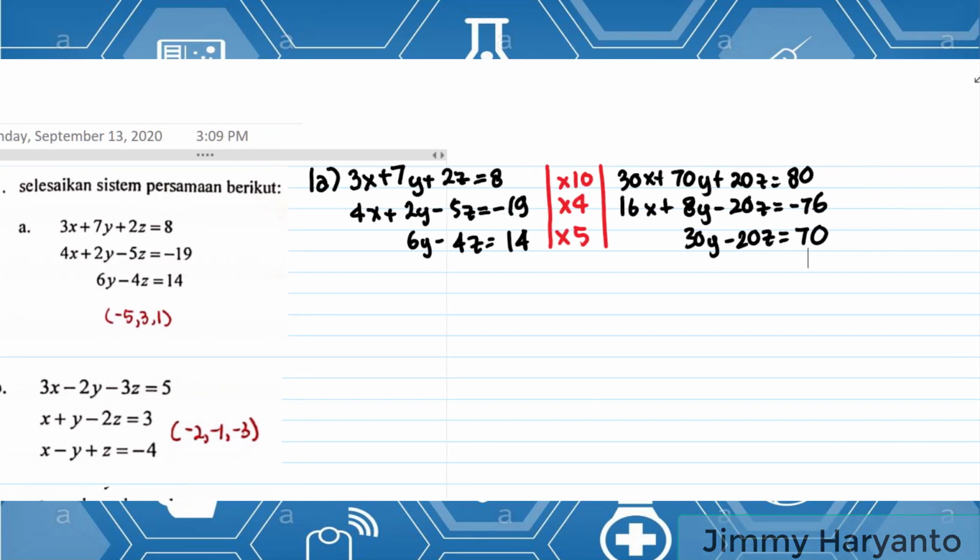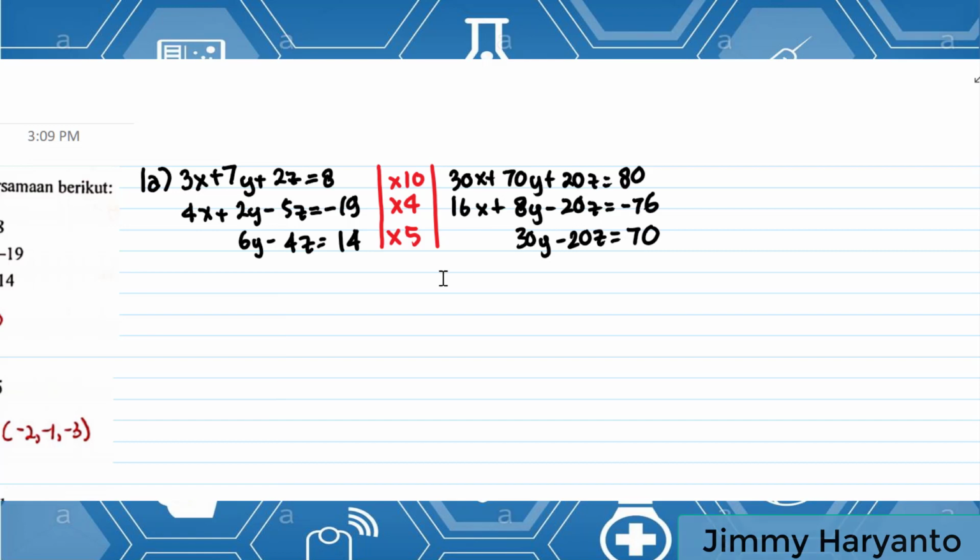Okay, let's eliminate them. First, I want to eliminate this one by adding them together: 46x plus 78y equals 4, and then this one by minus, it will be 16x, and 8 minus 30, negative 22y equals negative 146.